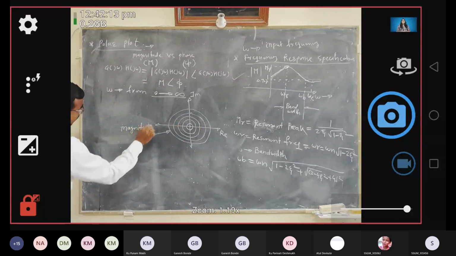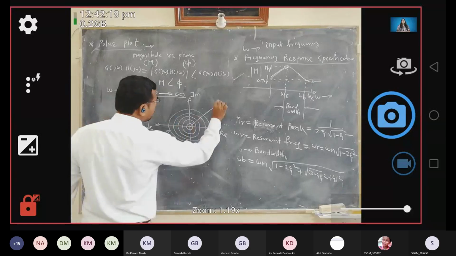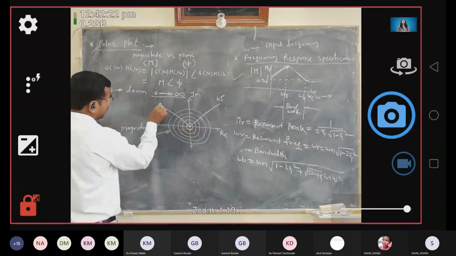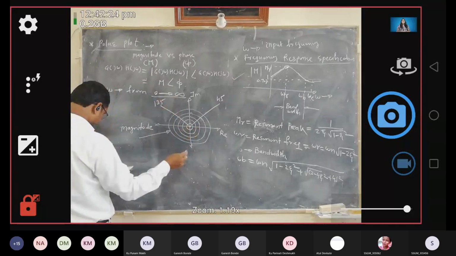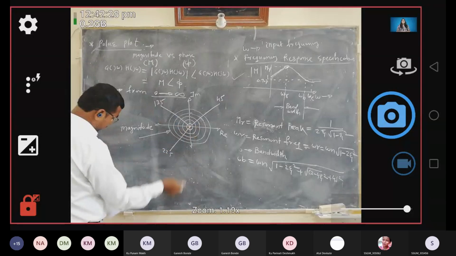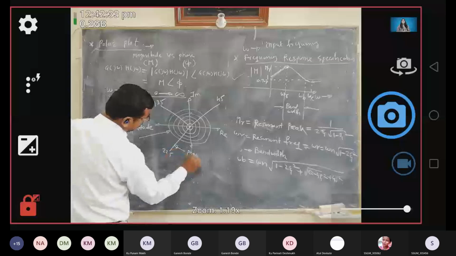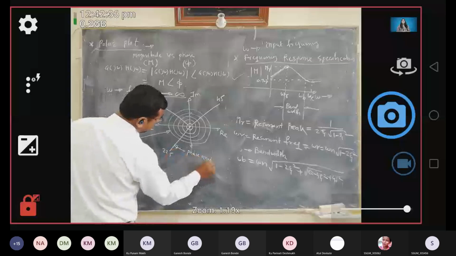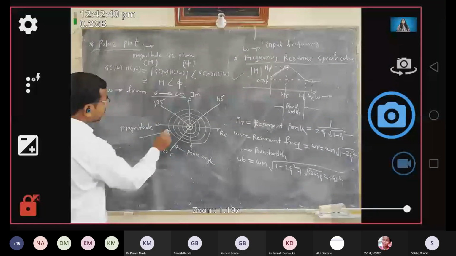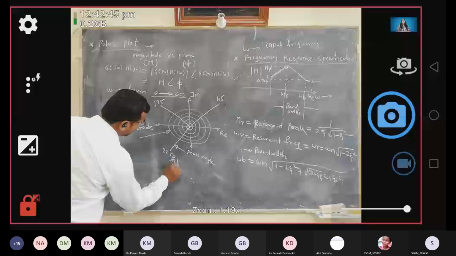And the lines, let's say this one is 45 degrees, this could be 135 degrees, 225 degrees, like this, represent the phase angle. In this way, we can plot magnitude versus phase angle.